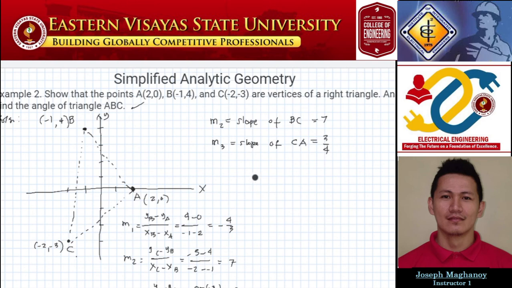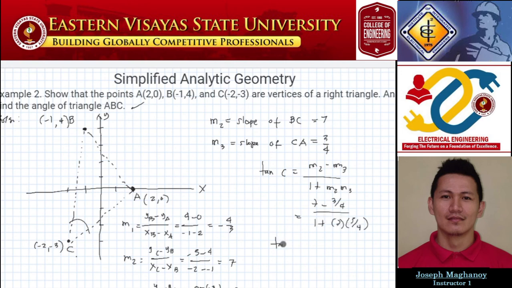Now let's find the tangent of your angle C. Slope of your M2 minus M3 over 1 plus M2 M3. 7 minus 3/4 over 1 plus 7 times 3/4.